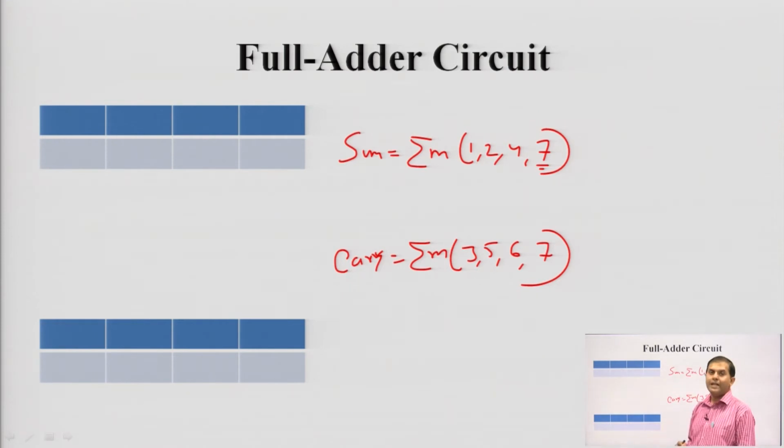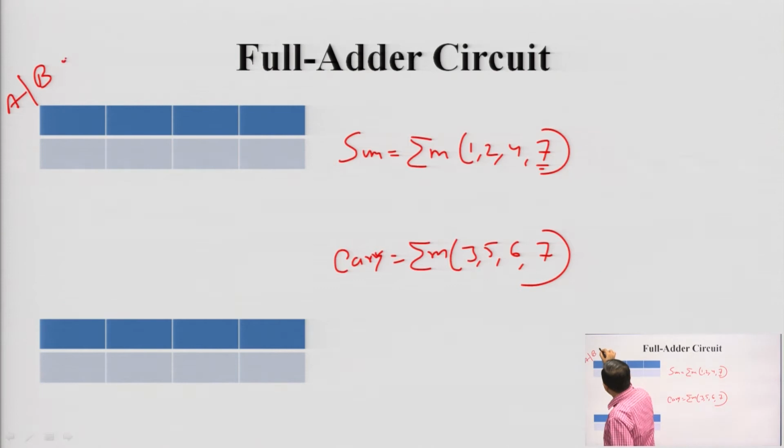So, we have to go for 3 variables, and already we have 3 inputs A, B and C in. So, it will be a 3 variable K map. Just draw the diagram. We have A and this is B and C in, and here also A, B and C in. So, the thing is 0 0 0 1 1 1 1 0.